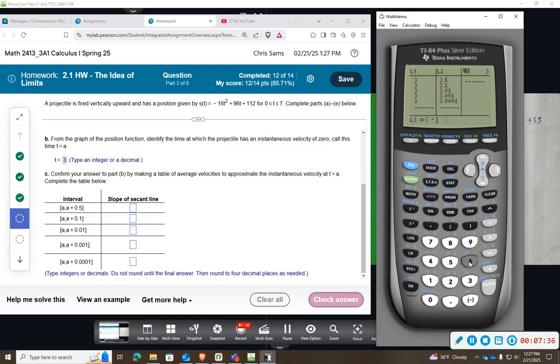Negative 16 times L2 squared plus 96 times L2, and then plus 112, and then we're going to subtract, same thing but L1: negative 16 times L1 squared plus 96 L1 for our x value, and then plus 112.